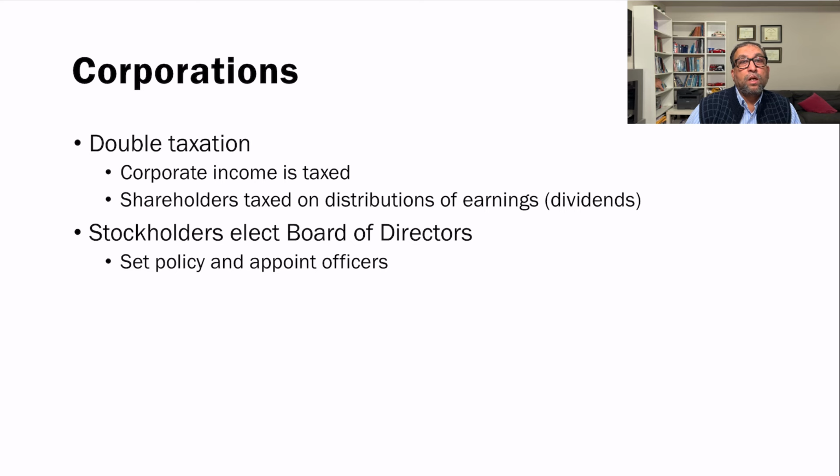The problem with the corporation is double taxation. As we mentioned, a proprietor pays tax only on his own income; there is no tax on the business income. Partners also pay tax on their income generated through the partnership, but a partnership itself does not pay tax. But corporations, because of their separate legal entity, have to pay tax.